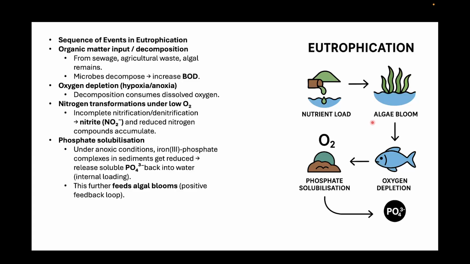So oxygen depletion leads to death of aquatic life and plants, leading to more biomass which needs decomposition, creating low oxygen environments. Low oxygen environments promote nitrogen transformation into nitrite, and then low oxygen conditions also facilitate phosphate solubilization from the minerals and the sediments, feeding back again to the algal blooms.